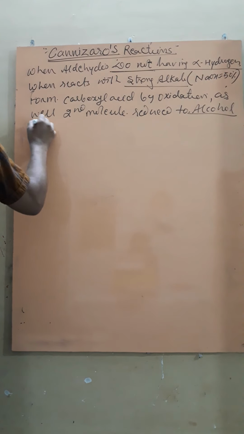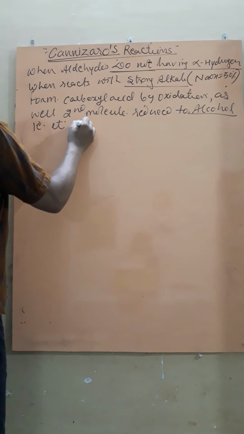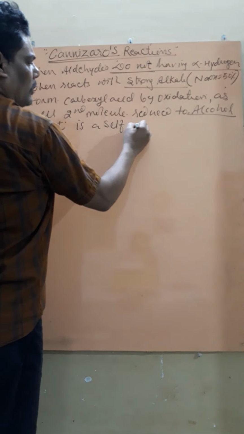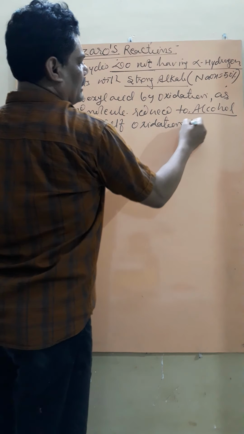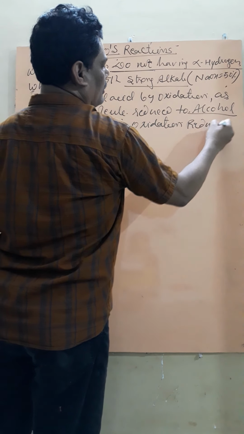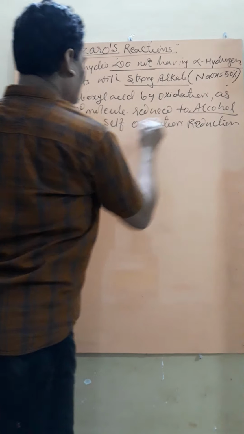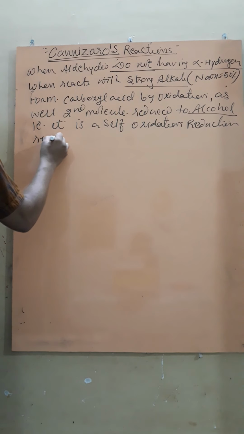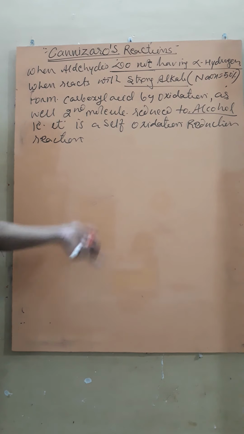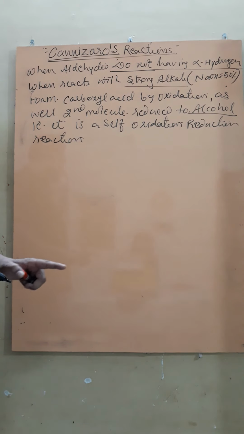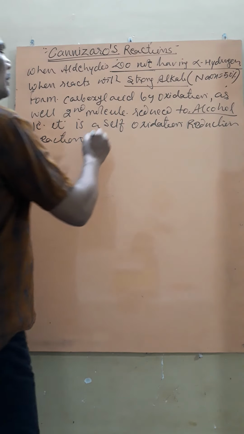That is, it is a self oxidation reduction reaction. That means what? In a reaction, the same molecule itself is oxidized as well as reduced. Therefore called self oxidation reduction reaction.